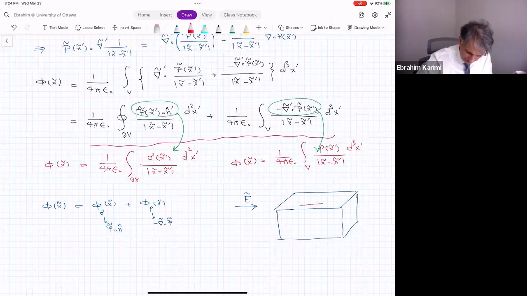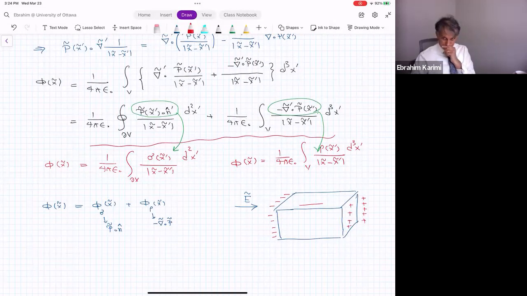P appears. The negative charges will come here. And the positive charges will go here. Do you agree? Then the direction of the polarization will be along this.